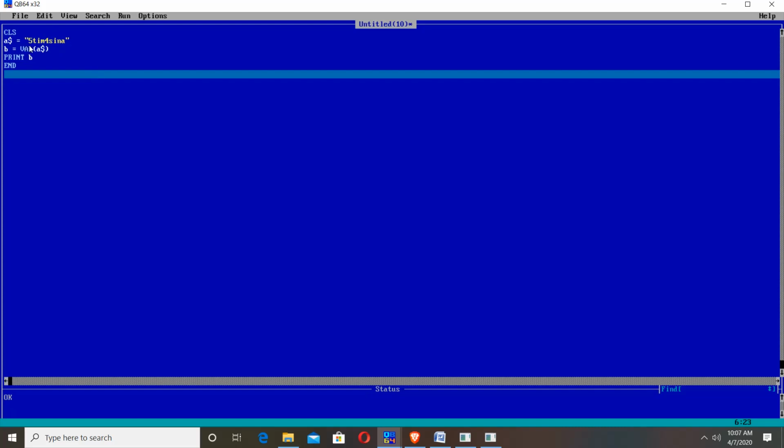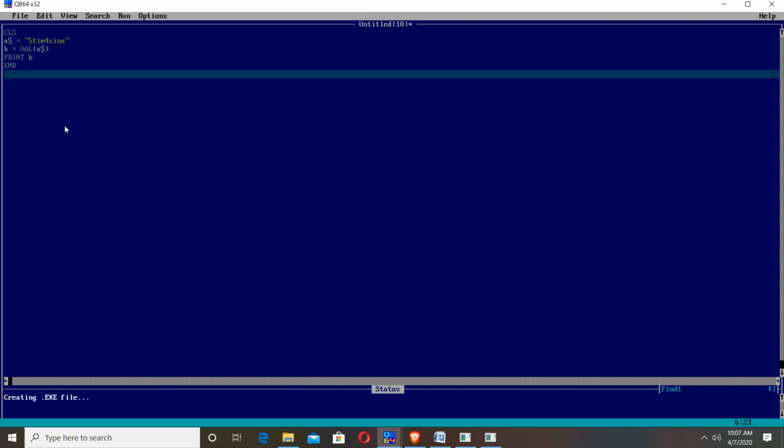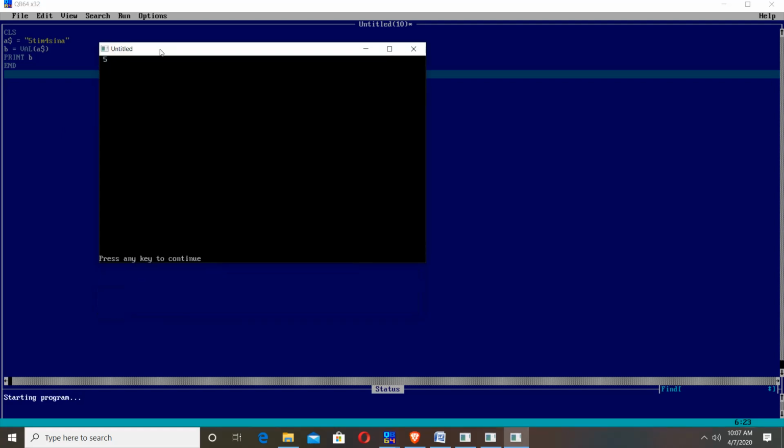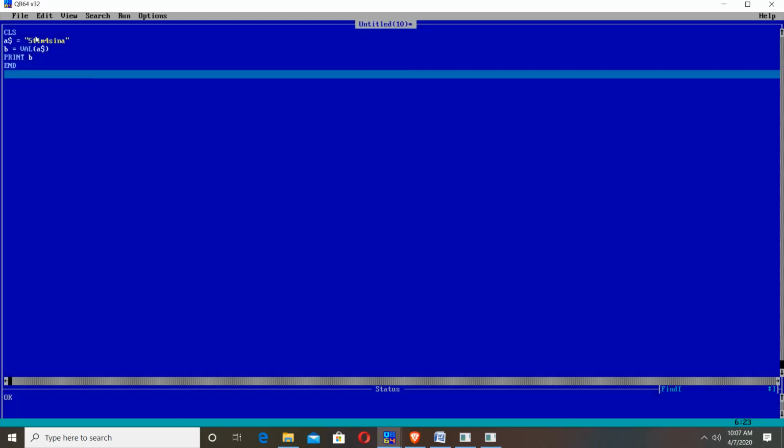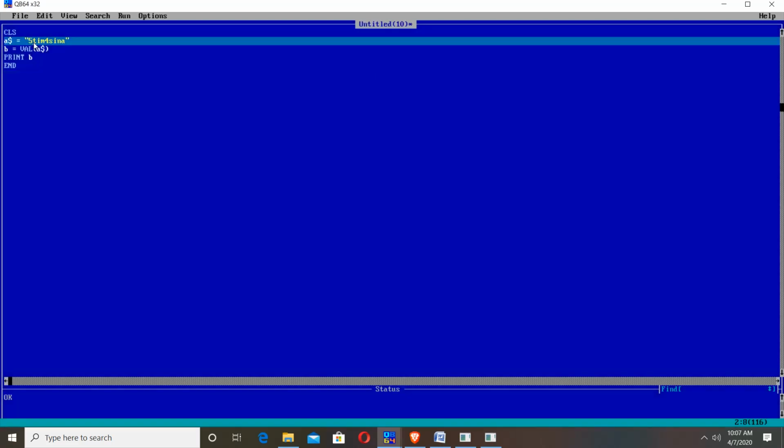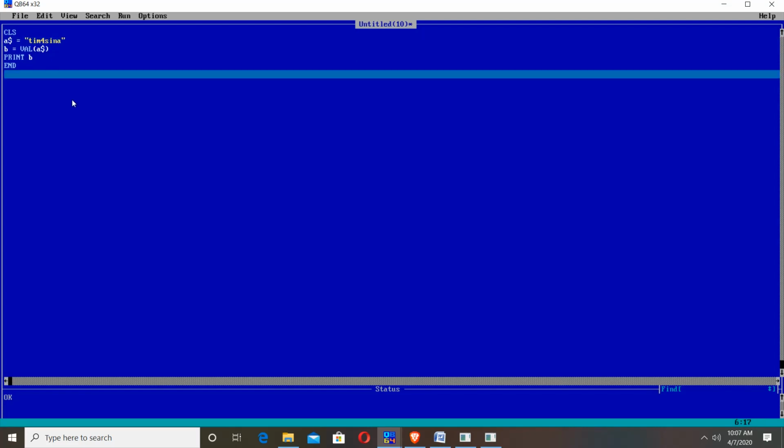So A$ is equal to "5TIM4SINA". That means what is the preceding number or leading number here? The leading number is 5. So only 5 will be the output of this program. Yeah, just see here, 5 is the output of this program because the leading number is 5. Suppose if you just remove that 5, there will not be any leading number.